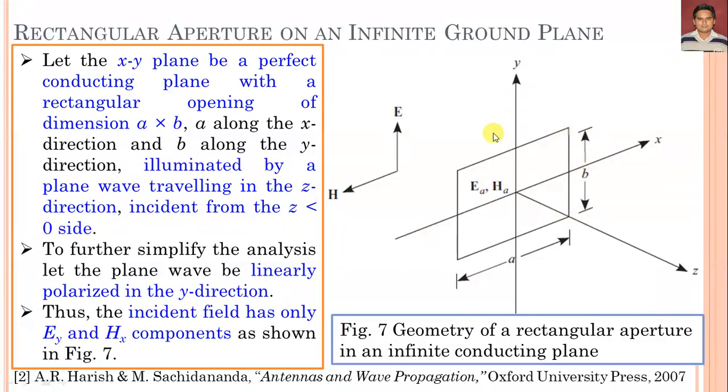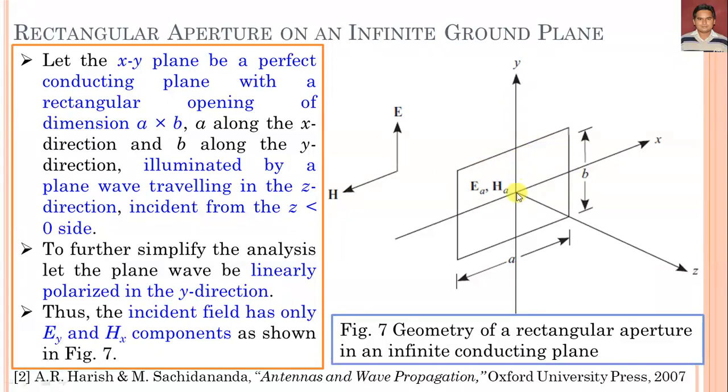This geometry is placed in the xy perfect conducting plane with opening dimensions a along the x and b along the y direction, and it is illuminated by a plane wave traveling along the z direction and incident from the z less than 0 direction, I mean from the conducting surface.